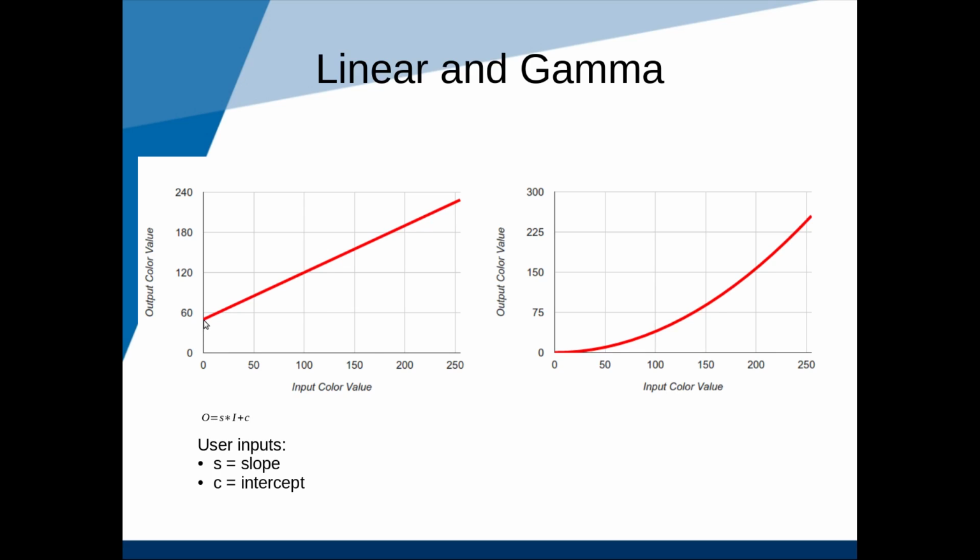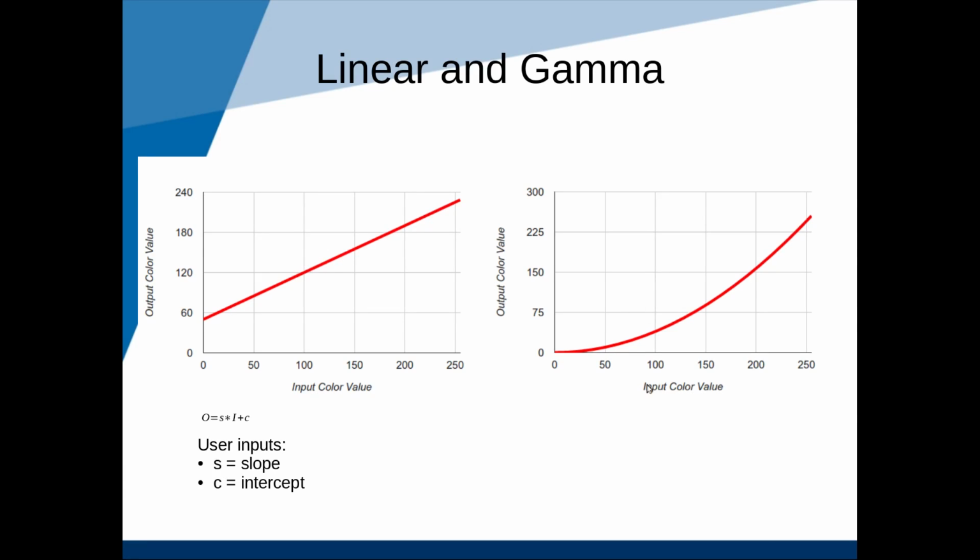The intercept is this part, the place where the line intersects the y-axis, and the slope is the steepness of the line. If I increase s, the line will be steeper, and if I increase c, the line will shift upwards. I can also give a negative value for c or a negative value for the s, in which case the line will be sloping downwards.